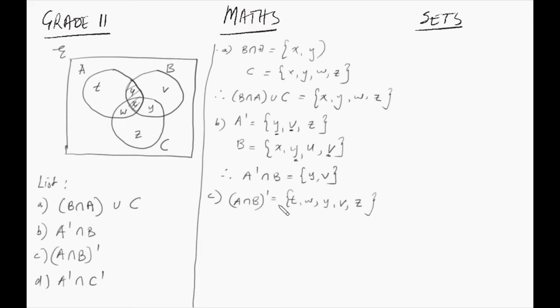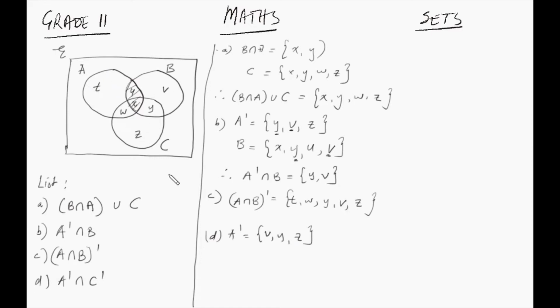Straight away. Now, we have d, A complement intersect C complement. Here, what you can do, you can list these ones first and list this one and then find the common elements. So you can say A complement, outside A, we have V, Y, Z. That is outside A because set A is here. The elements outside it are these ones.